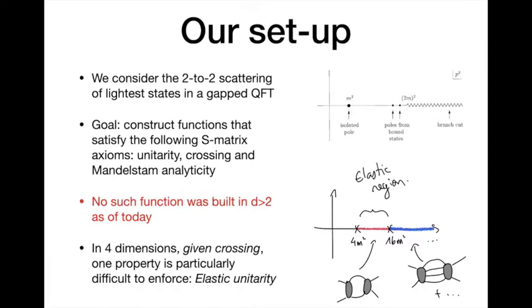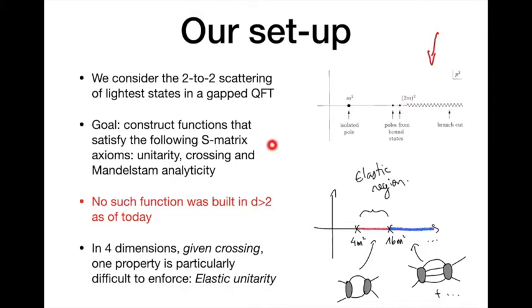Now let me get a bit more precise about what's happening. So the setup is we're going to be considering 2 to 2 scattering of lightest states in a gapped QFT. So we have in mind the standard Peskin and Schroeder type spectrum as it is here. You have an isolated pole, that's our lightest states. You have the branch cuts that start at 4m squared. It's in red here on this plot below. And then we'll have bound states also somewhere here.